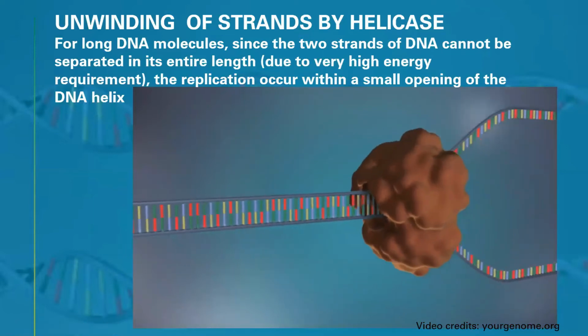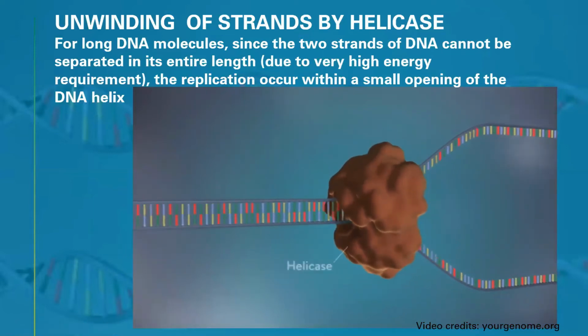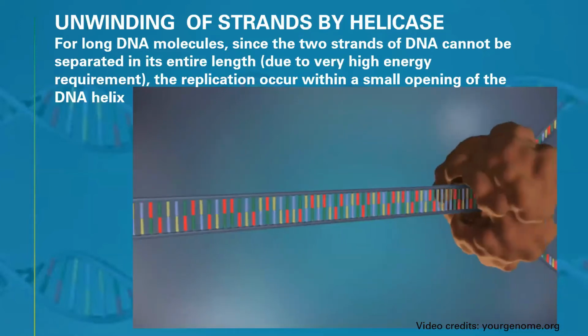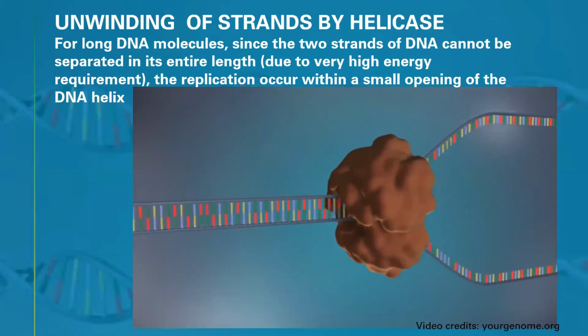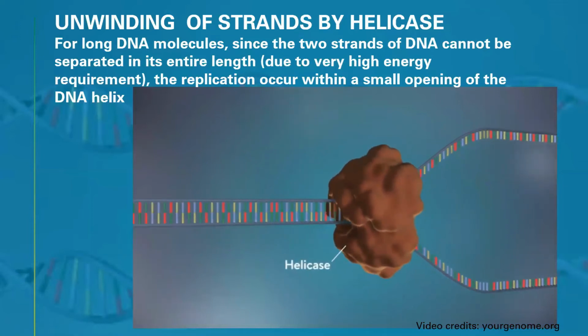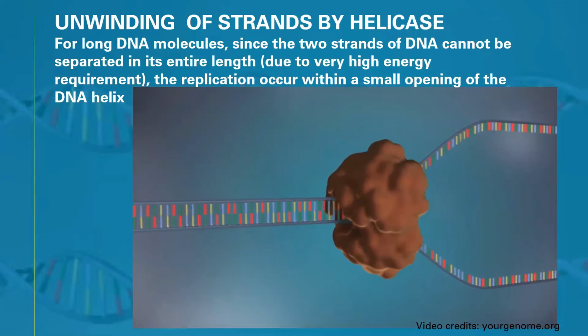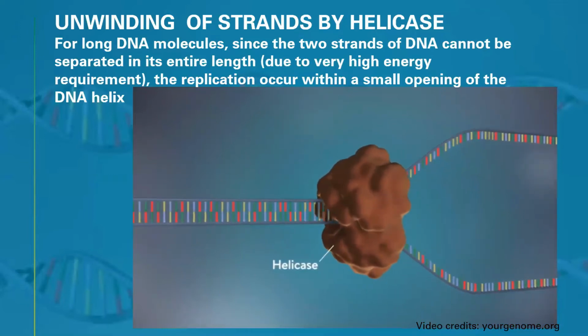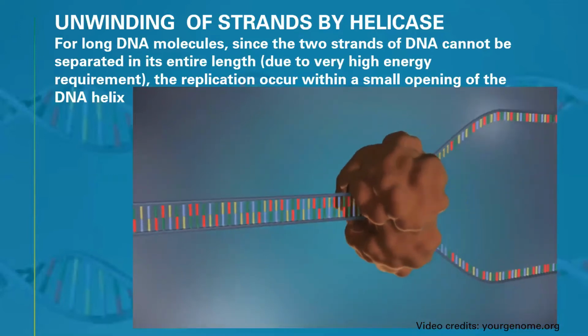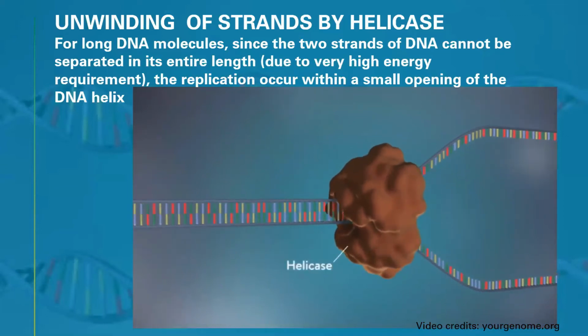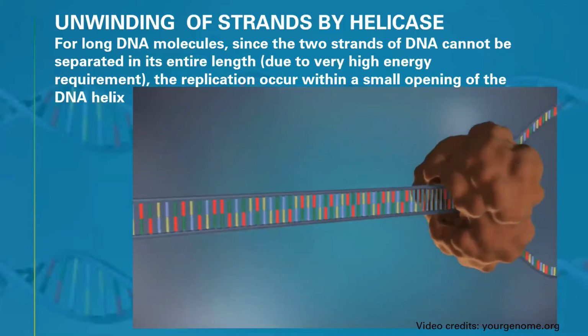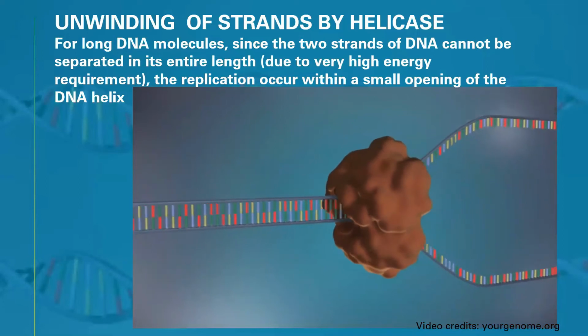DNA is opened only in small stretches. Why? Because a large amount of energy is required to break these bonds, and our cell cannot afford such a large amount of energy to break all the hydrogen bonds simultaneously. So helicase breaks these hydrogen bonds in small stretches of DNA.